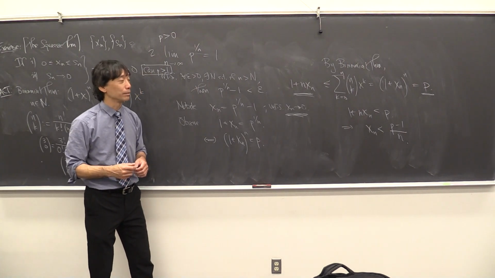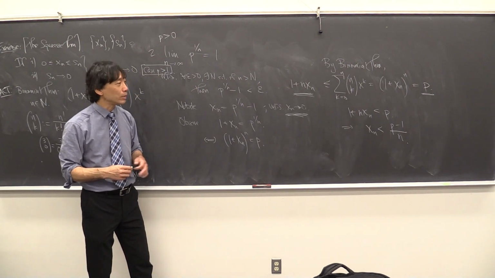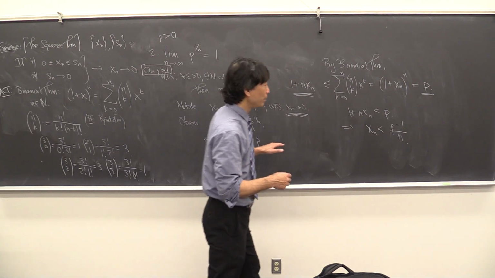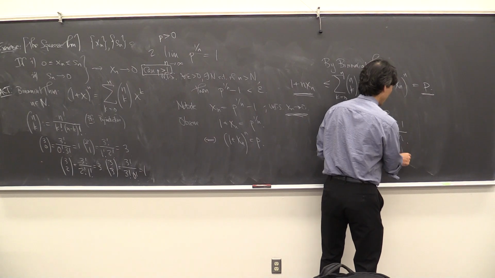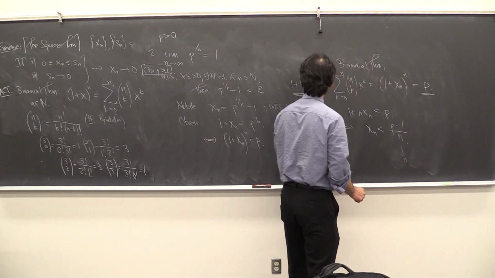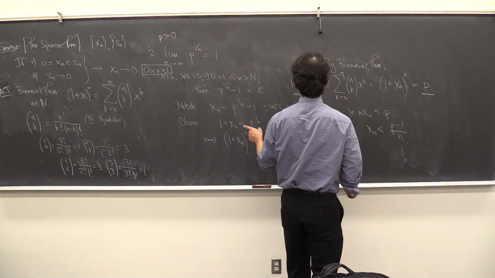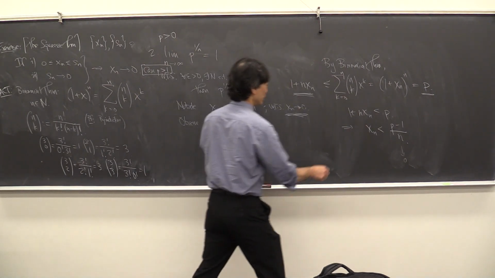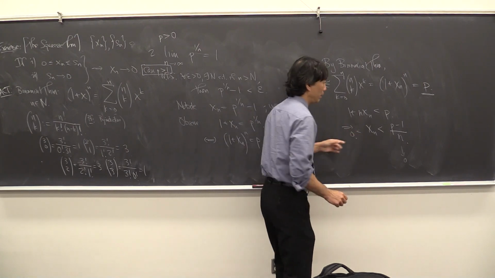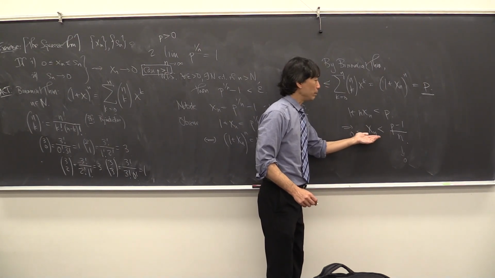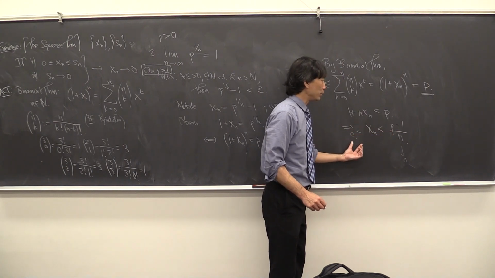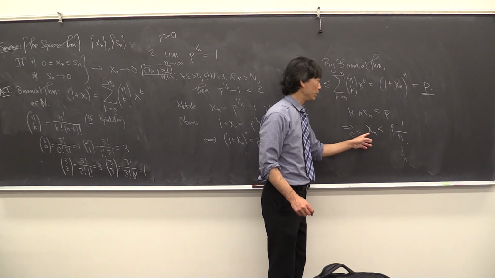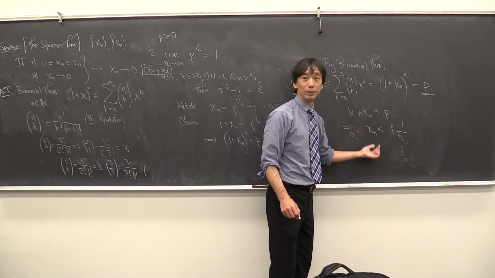Because 1 over n goes to 0, so we know that this bound goes to 0, and we know that x sub n is bigger than 0. So x sub n is trapped between two things that go to 0. The squeeze theorem is what you need to invoke. By the squeeze theorem, this guy in the middle is going to go to 0 also.